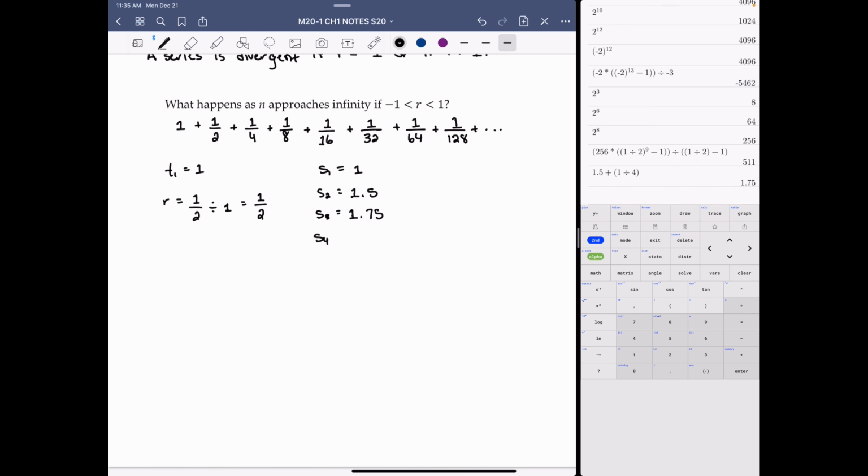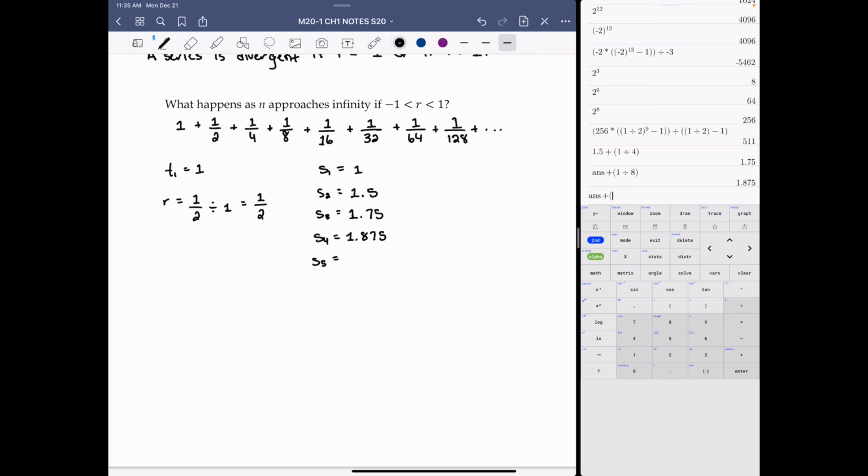Then S4, the sum of the first four terms, we would take S3 and add the fourth term. So just hit plus and then do 1 over 8 on your calculator. And that's 1.875. S5, add the fifth term, which is 1 over 16, to our last answer.